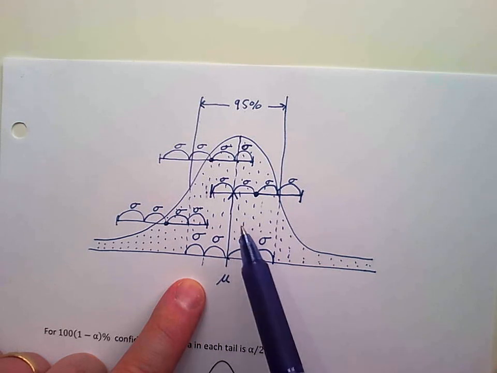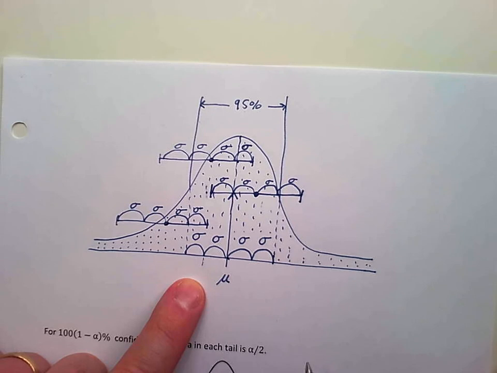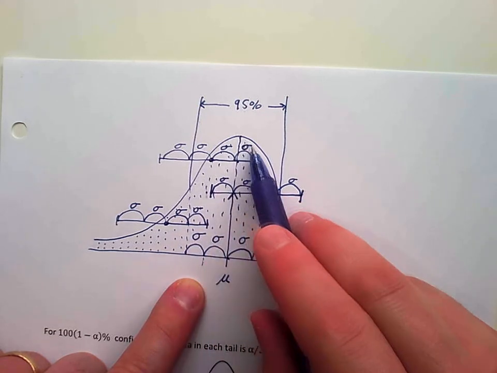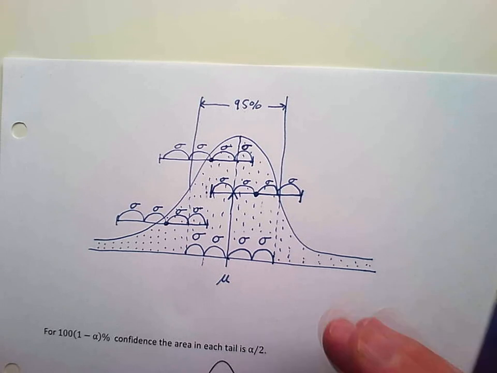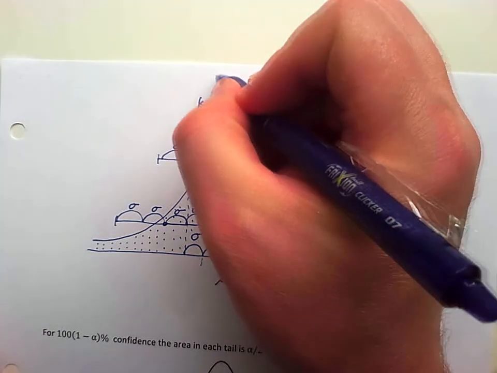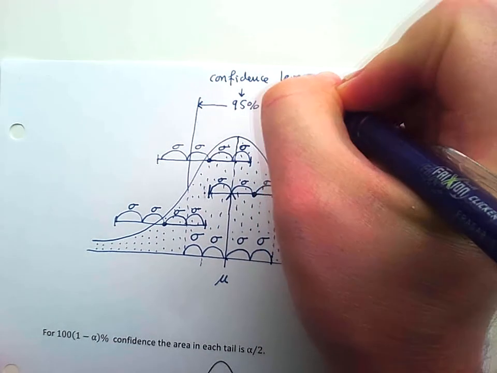What is this interval going to contain, mu or not? Well, the only thing that you can say is that you're 95% confident that it would contain mu, since 95% of the intervals that you create would be such that they would contain the value of mu. So therefore, this 95% right here, this is what we're going to call our confidence level.